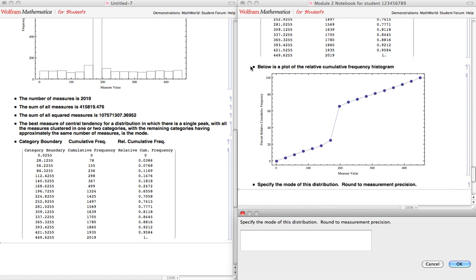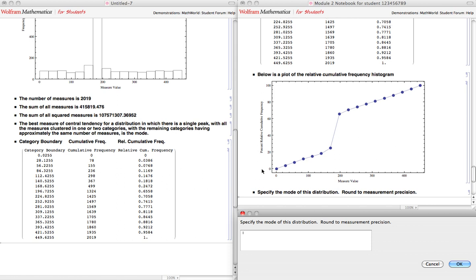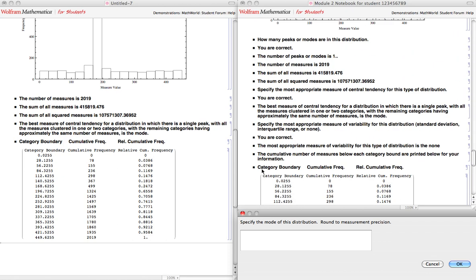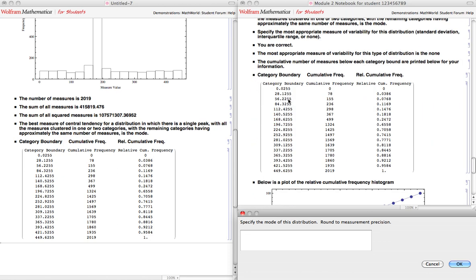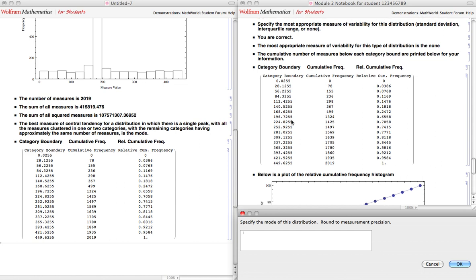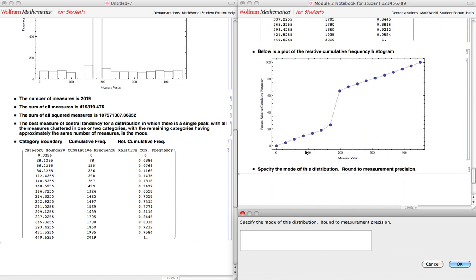And the first question is to specify the mode of this distribution. The way I do it is I simply ask, where is the mode located in terms of this table? It is located between these two category boundaries. So what I'm going to do is count: first, second, third, fourth, fifth, sixth, seventh.